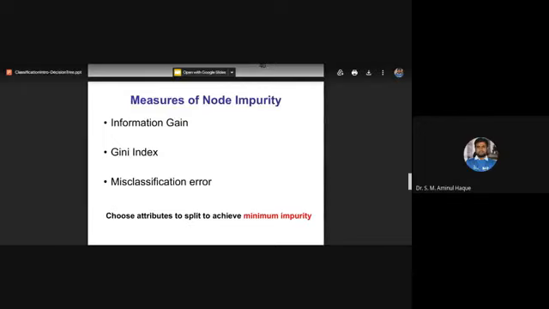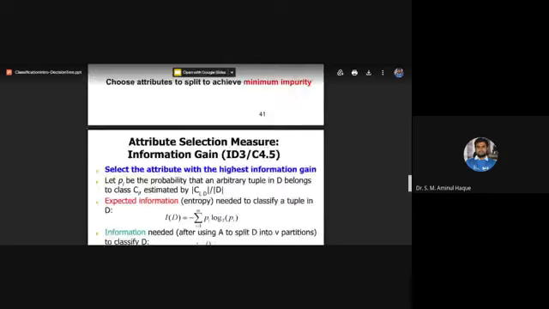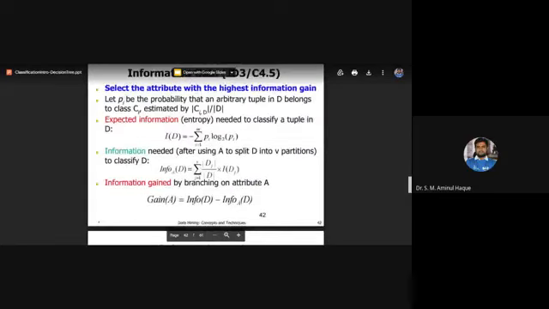And we have the Gini index, another method to determine the root. It basically depends on error rate. And we have misclassification error, another method.